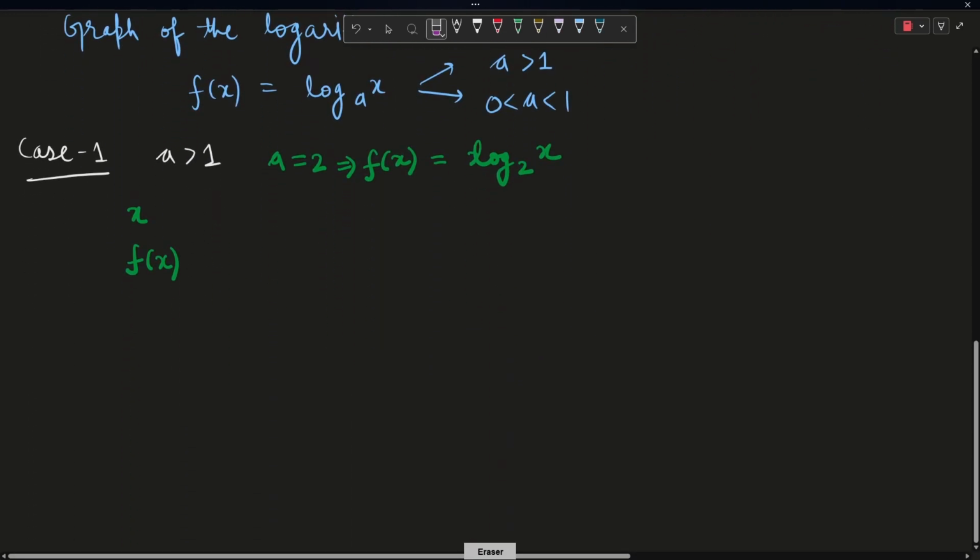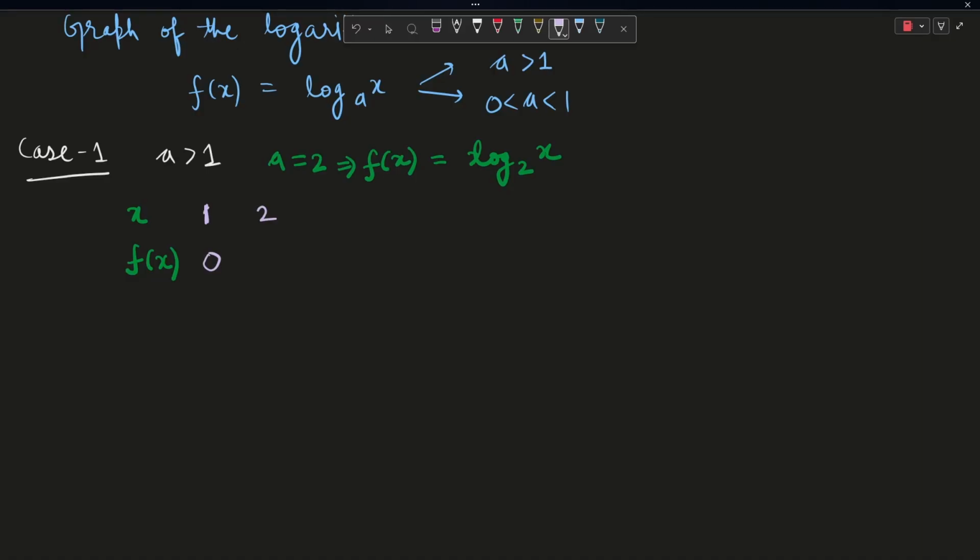So 0 can never be the value of x. What will be the value of x then? Let's start with taking 1. If x is equal to 1, then we know that log of 1 is equal to 0. If x is equal to 2, then log of 2 to the base 2 will be 1. If x is equal to 4, then the answer will be 2.